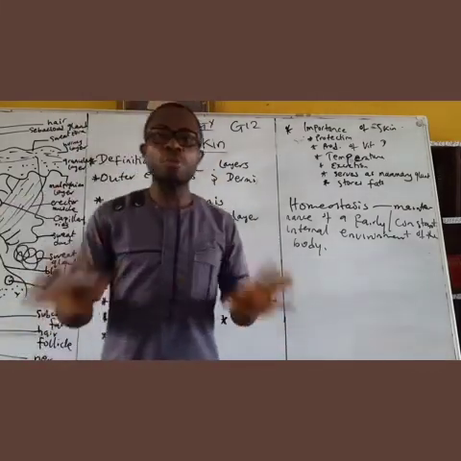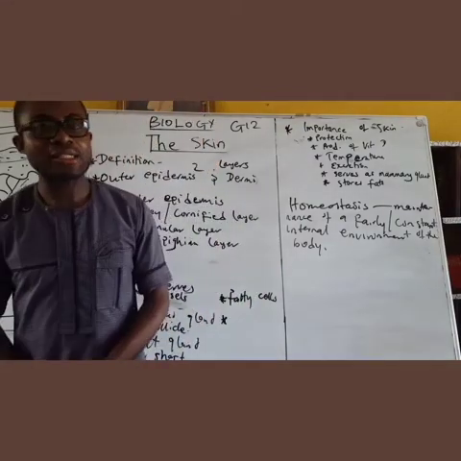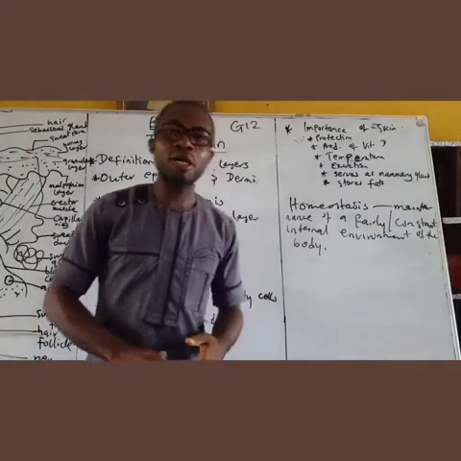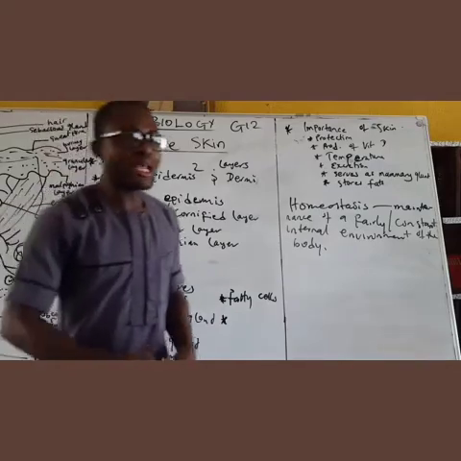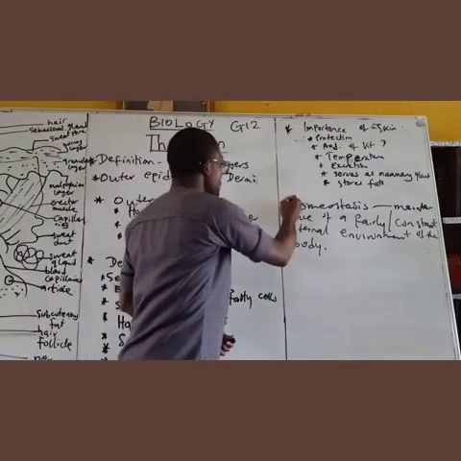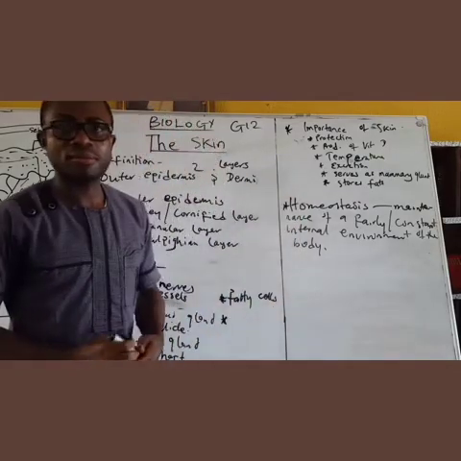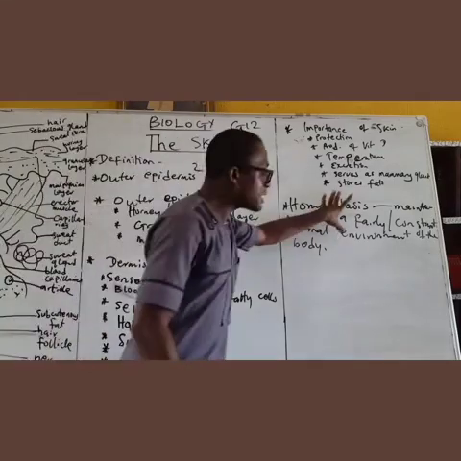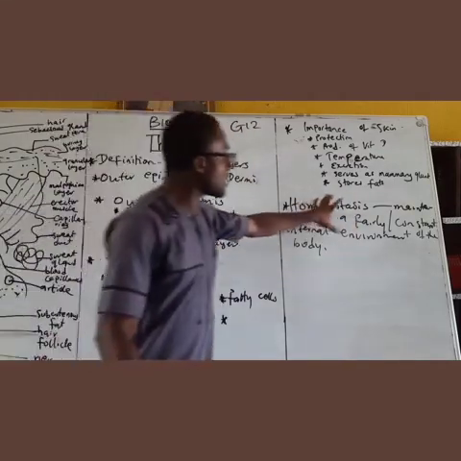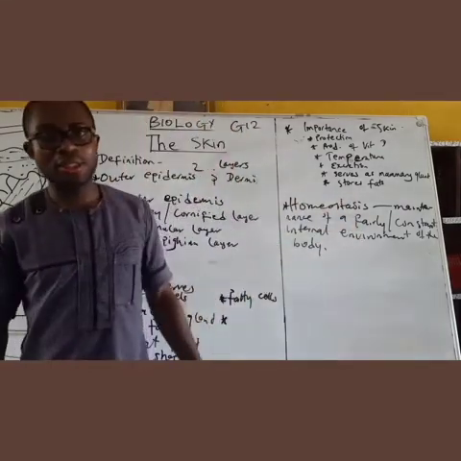Everything that happens in your body, the release of gas, the removal of waste products, is as a result of what we call homeostasis. And there are organs that are involved in this maintenance of the body.